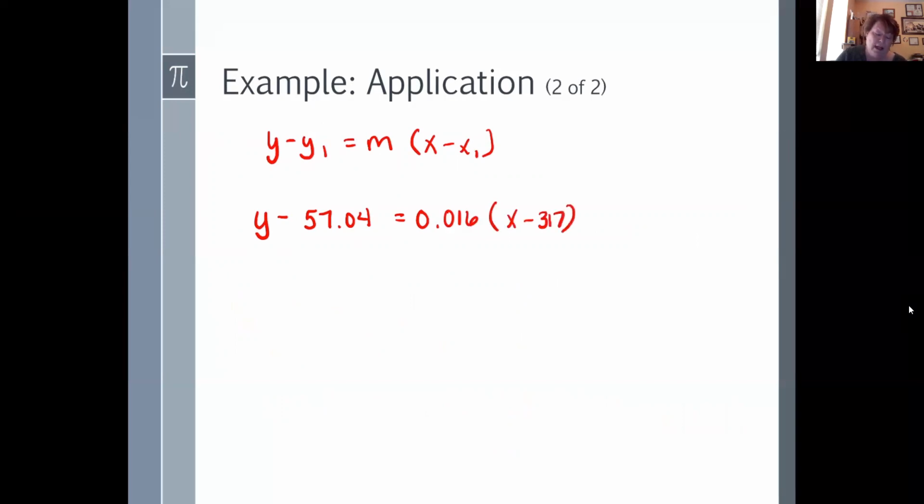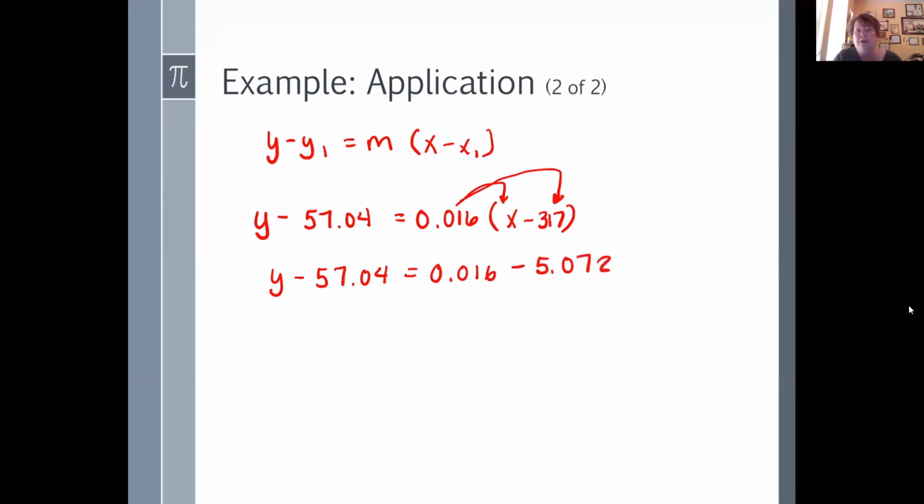All right, so I'm going to take my handy dandy calculator out to help me with this distribution on the right. So I'm going to multiply 0.016 times 317, and I get 5.072. Now I'm going to isolate the y. So I'm going to add the 57.04 to both sides.